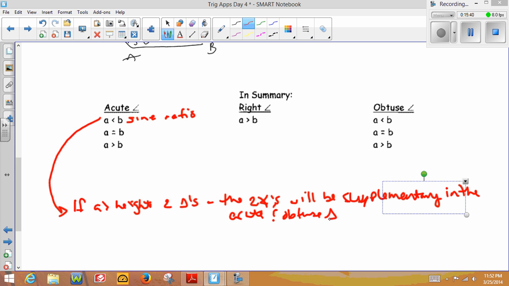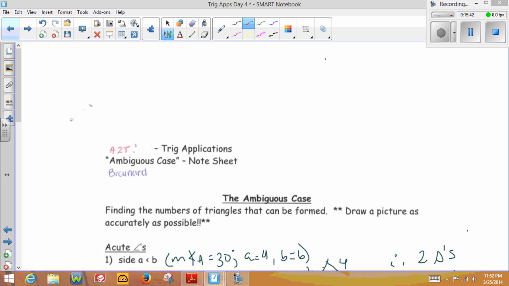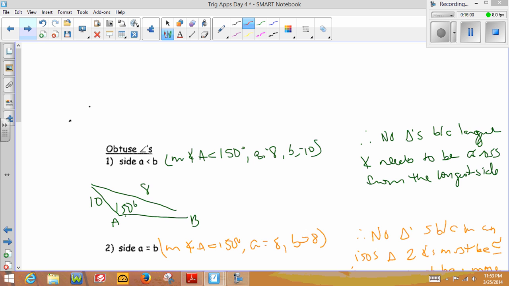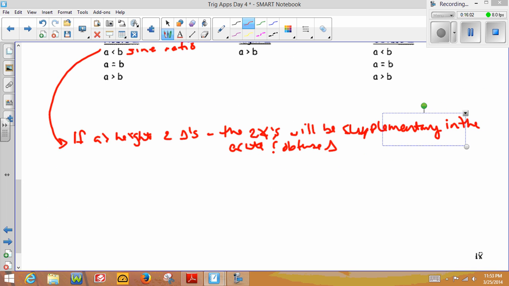If we go back to our first example, this angle here that I have drawn, my obtuse angle, and this angle here that I have drawn will be supplementary. Angle B, my two angle B's will end up being supplementary. That's what that means. That's one condition.